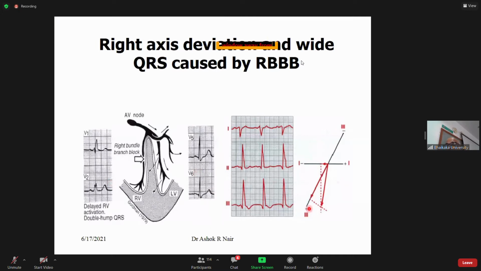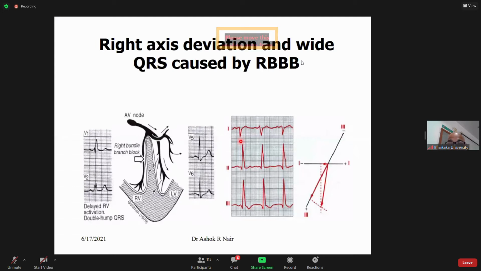Now coming to the correct method of determining axis. For example, in this case, you take two axes, let's say lead 1 and lead 3. Find the net QRS amplitude in lead 1 and lead 3. Net QRS amplitude is the number of positive deflections minus the number of negative deflections. Suppose in lead 1, the number of negative deflections here is, let's say, about 6.